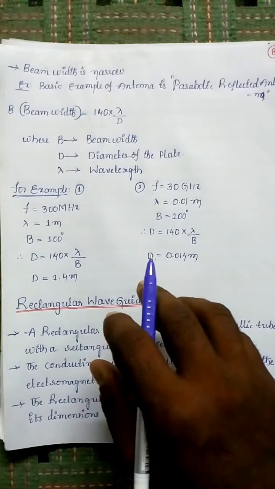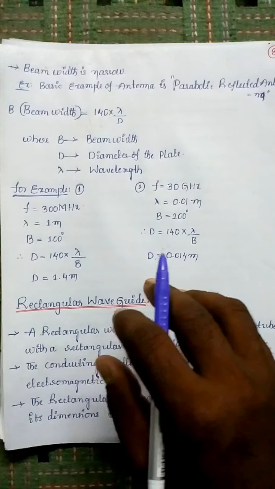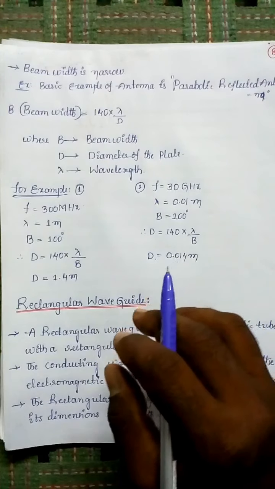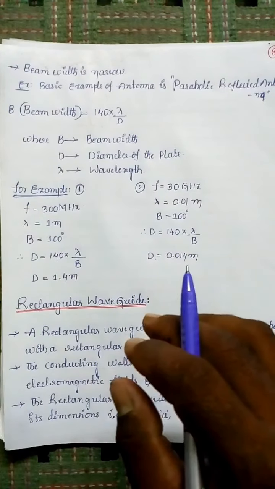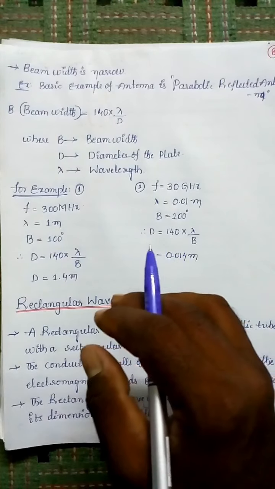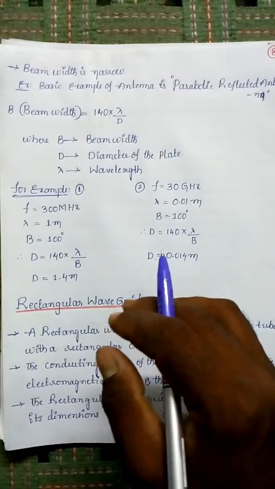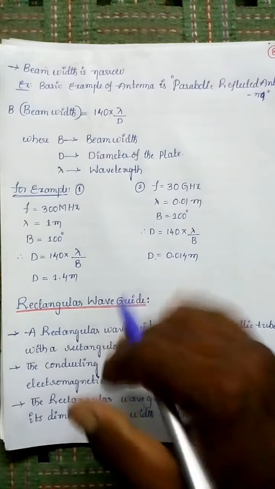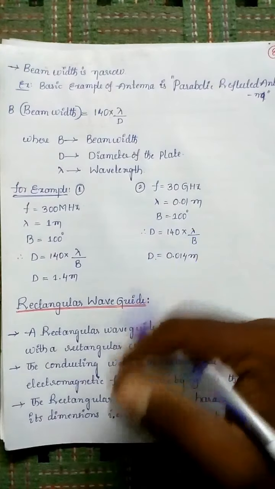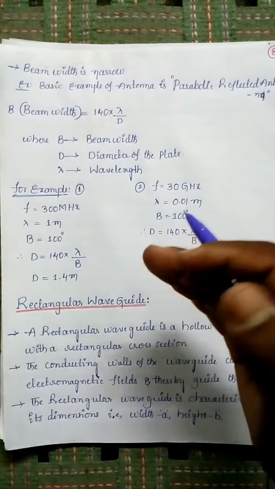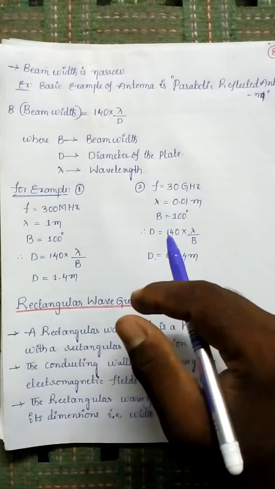The third one is TEM, transverse electromagnetic, and that mode cannot be used in a rectangular waveguide. Later I will say why it is not used, in the next lecture.